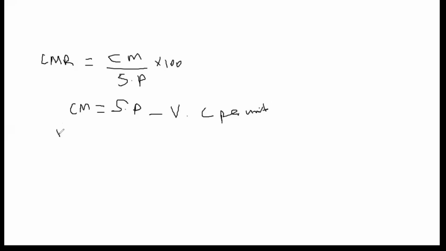Now we need to determine our variable cost. Variable cost is equal to direct labor cost. Direct labor cost is a variable cost, so we are given 2.5. And then the variable overheads, we're told they are 100% of direct labor.